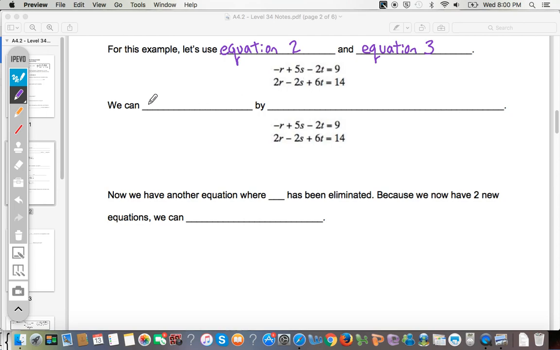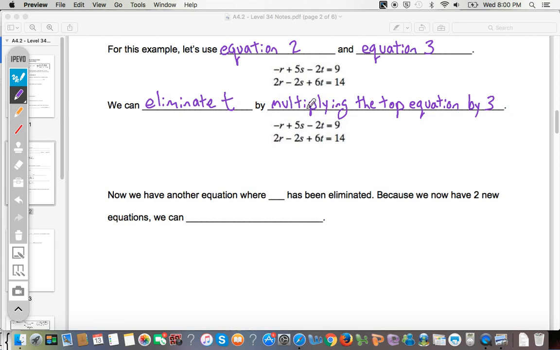Okay, so we can eliminate t by multiplying the top equation by 3.